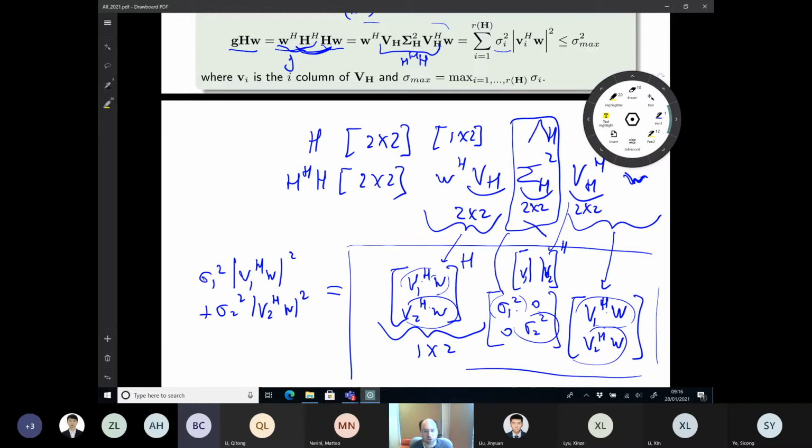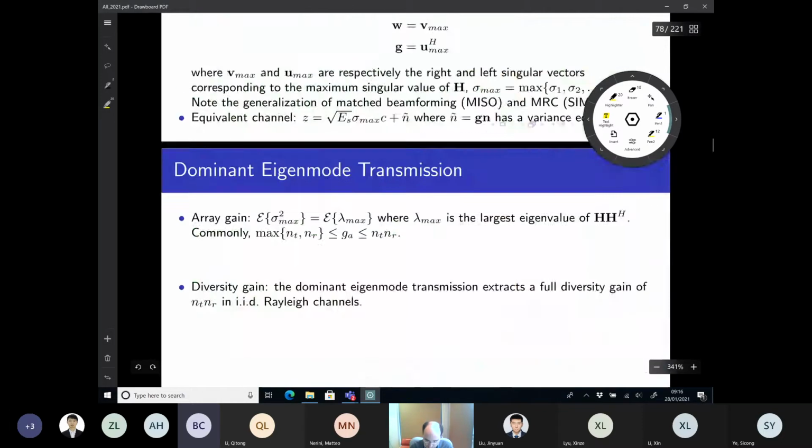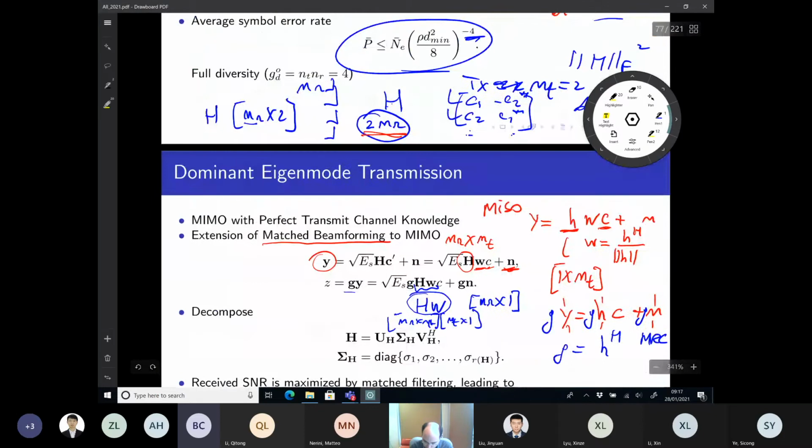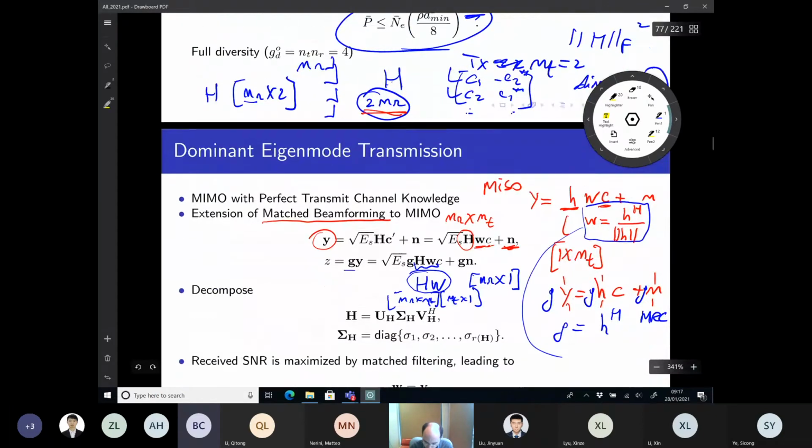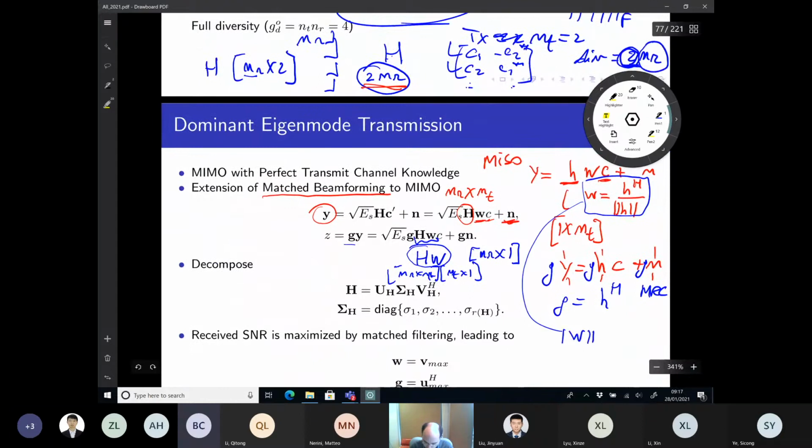Right. Now, if you think about this, what is our W here? This is a unit norm vector, right? It is normalized. Remember when we had the MRT, maximum ratio transmission, we had this, right? So what that means is that here, the norm of W is equal to 1.